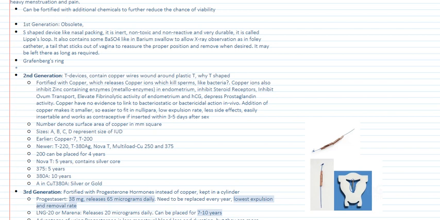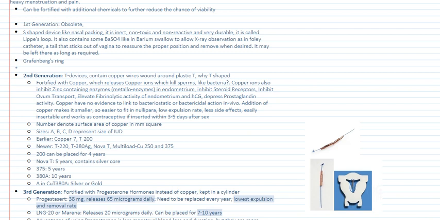Inhibit steroid receptors, inhibit ovum transport, elevate the fibrinolytic activity, and also depress the prostaglandin activity. So these copper containing devices are smaller and have less side effects and are easily insertable.